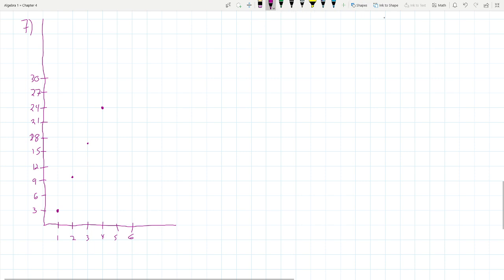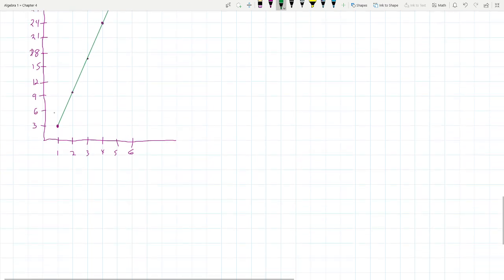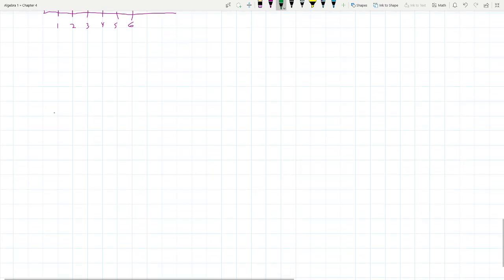From this, we can extrapolate a line, so that we could potentially graph what all the rest of them were after this. It didn't ask us to, but I like to show that.